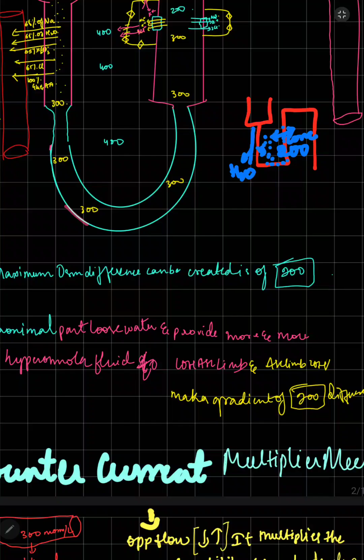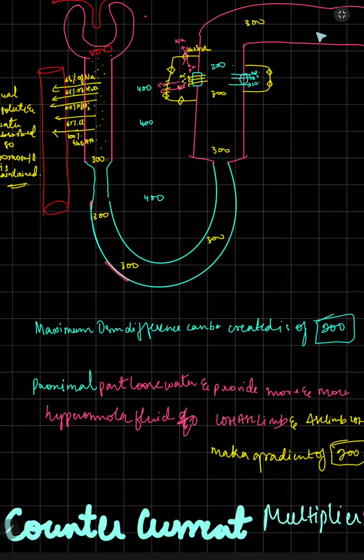Okay, so basically what happens is the fluid frequently is getting concentrated every time it moves forward. Suppose it is 300 now, and it creates a gradient of 400 and 200, right?